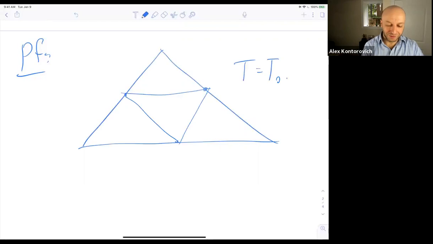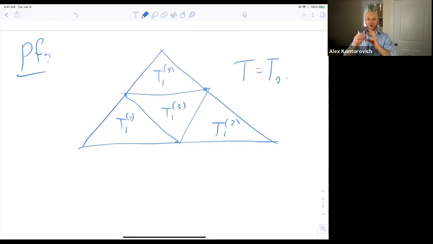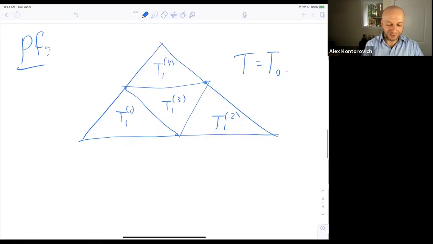And I'll call them T11, T12, T13, and T14. So I get 4 similar triangles. The side lengths are half as long. The diameter, the largest distance you can reach, is half as long. The perimeter is half as long.